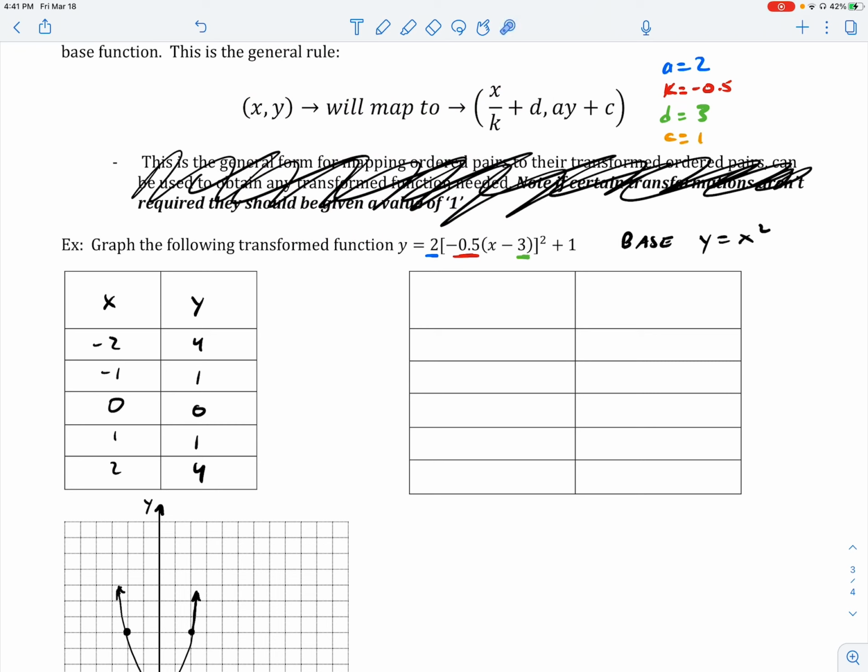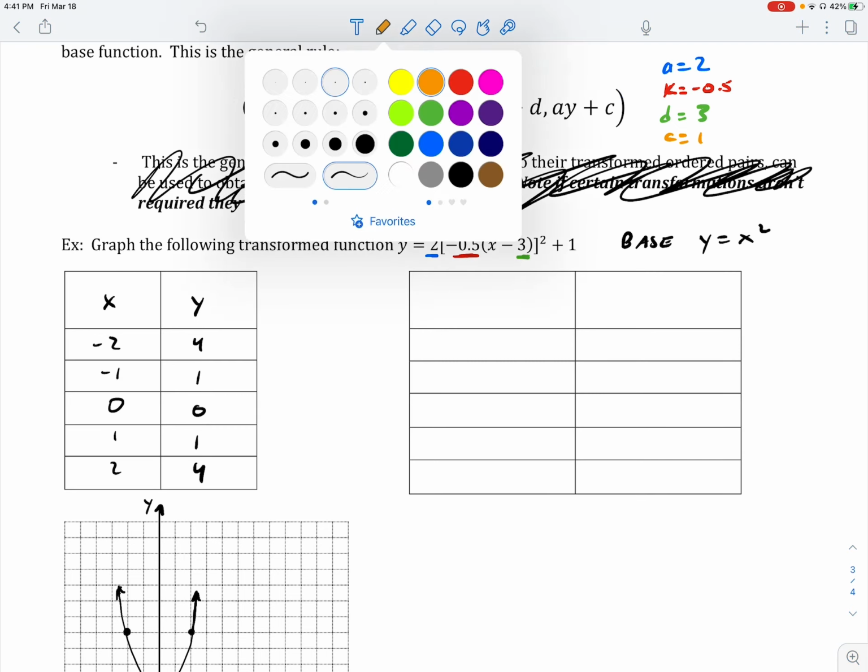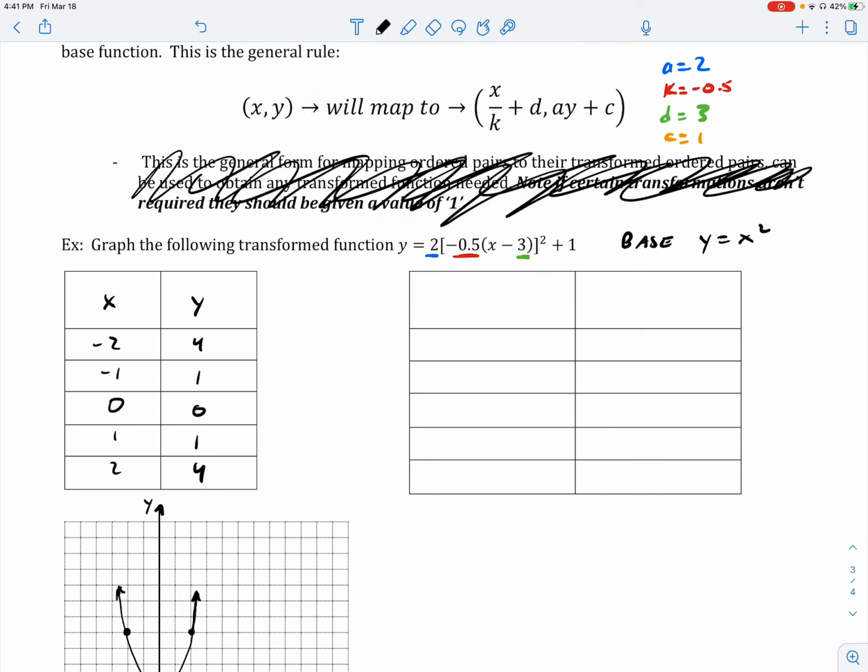So I'm going to plug those into this. My X values are going to become X over K. K is negative a half. And then I have to add the D value, so I add 3.